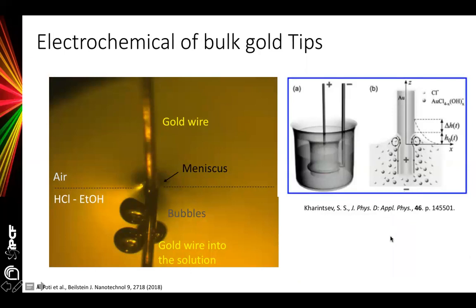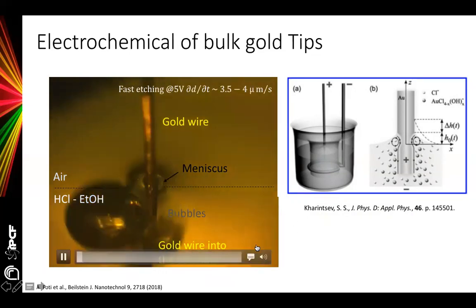The higher the voltage, the faster the process. But the faster the process, the more defects are present on the TERS probe. The idea here is to optimize the etching time while keeping good features of the TERS probe, using in a first stage a high voltage, and then decreasing it in a second stage.